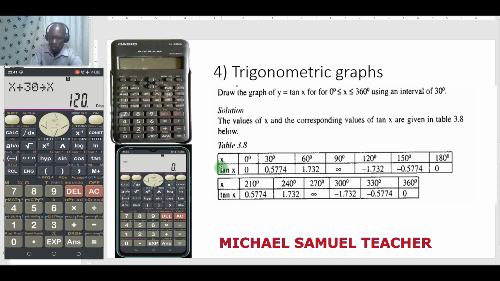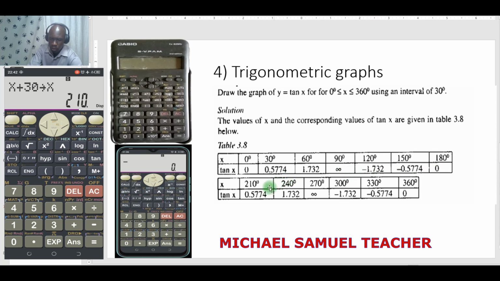It will give us math error. Then when it's 120, it's negative 1.732. Continue to press, 150. We get negative 0.5774. When x is 180, press it, tan x is 0.